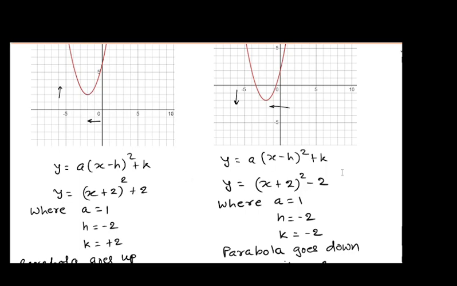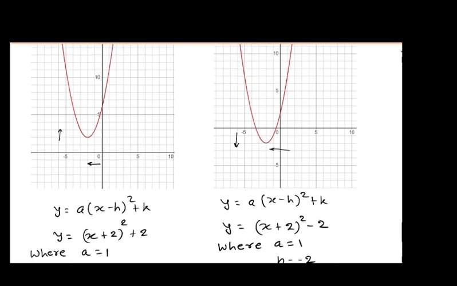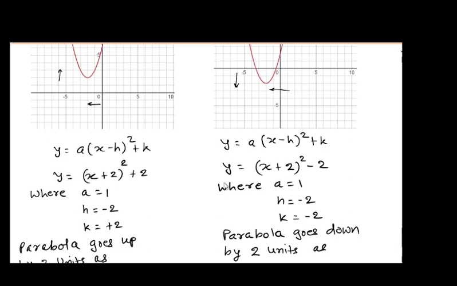So my vertex point will be over here, which will be minus 2 and 2. Correct? What happens when I have k value negative? So if I have equation y is equal to (x plus 2) square minus 2, in that case my a value is 1, h value is negative 2, and k value is negative 2.